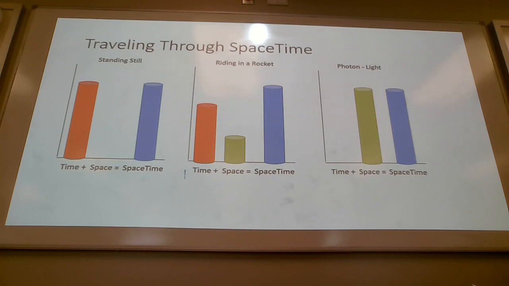Well, to make something more massive speed up more, you need more energy. And according to the math, if you're going the speed of light, you have infinite mass. In order to make something that's infinitely massive speed up, you take an infinite amount of energy, which doesn't exist. So anything with mass can't go to the speed of light.